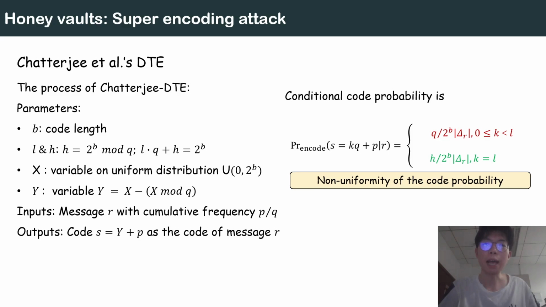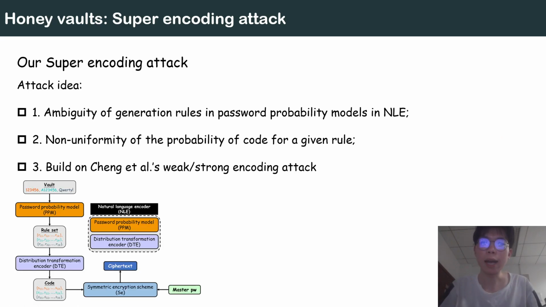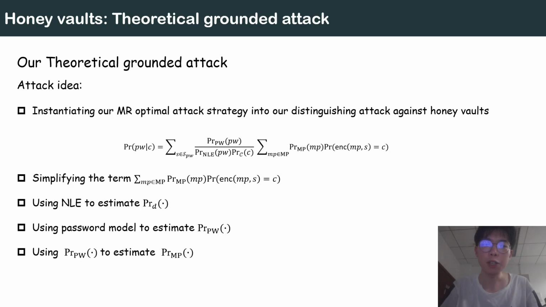Our proposed attacks mainly include the super-encoding attack and the theoretically grounded attack. The super-encoding attack builds on the Tenet or the encoding attack framework and further considers the non-uniformity of the chosen DTE's code probabilities. The theoretically grounded attack is an instantiation of the optimal attack strategy we previously proposed for the MR game, including some reasonable computational simplification.